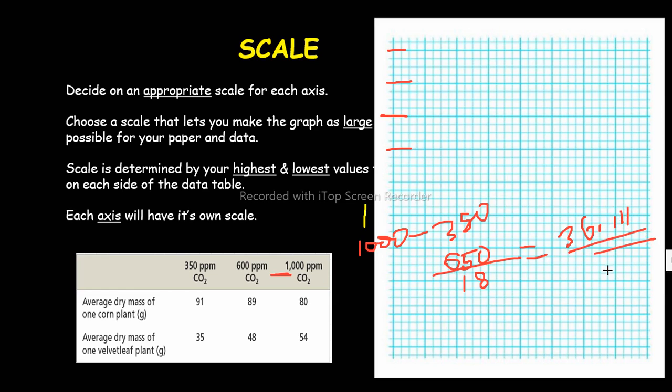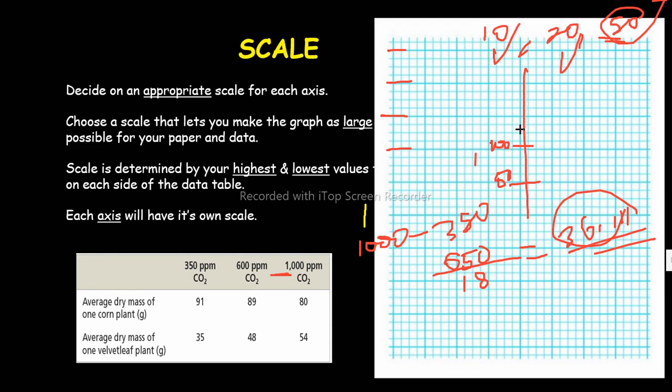Now the 36.11 recurring, we either use 10, or we use 20, or we use 50. But this is above 10, it's above 20, but it's simply below 50. So we shall use the 50. So it will be 50, and then 100, okay, and then 150, and so on.